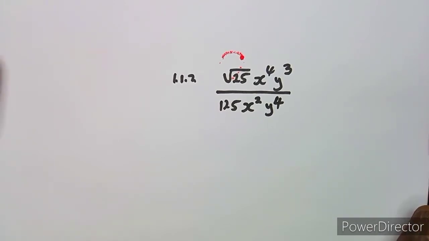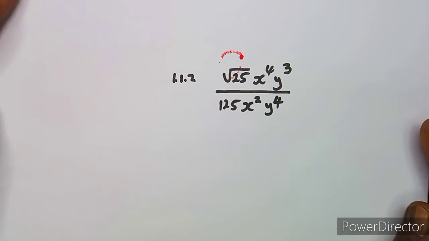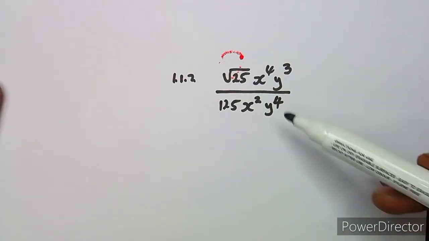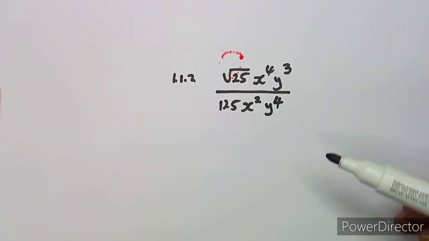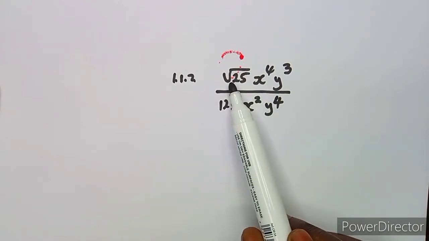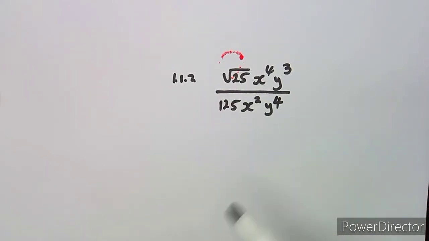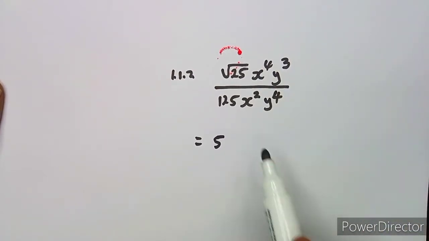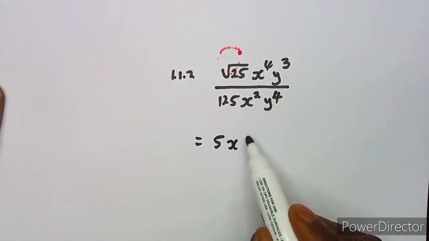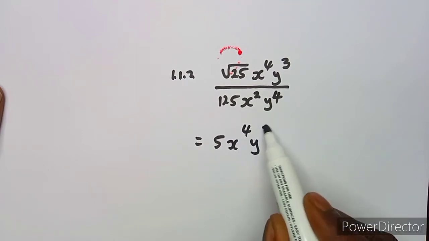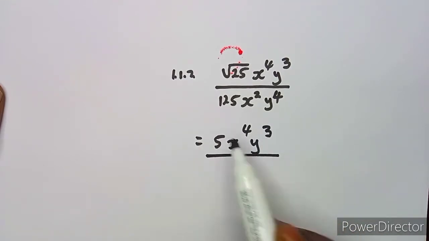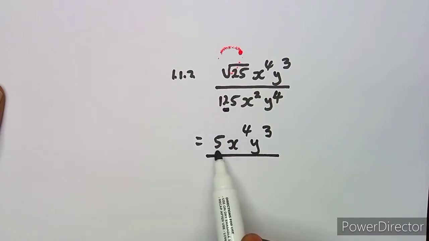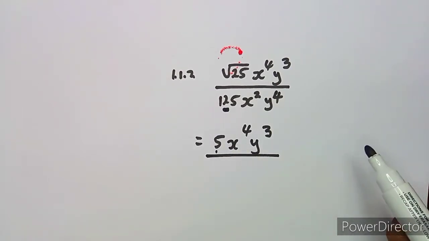So actually, how can we simplify this type of expression or term that you're given? So we actually know that the square root of 25 is going to give us 5. So this is going to give us 5, right? And we have got x to the exponent of 4, y to the exponent of 3 over this 125, which can be written in terms of 5.